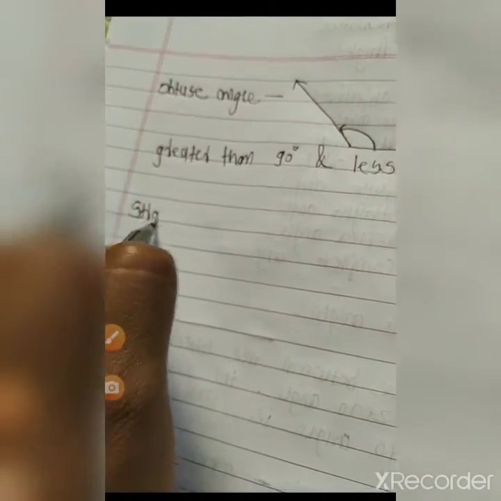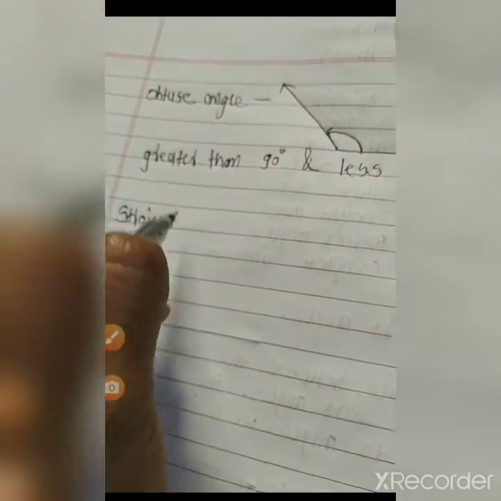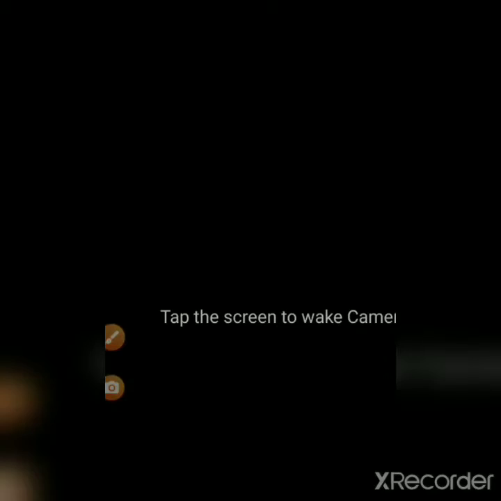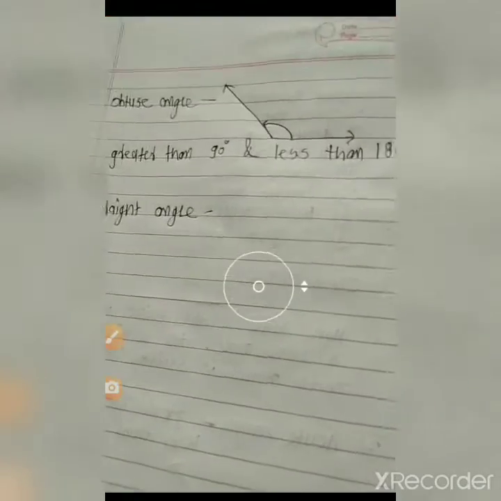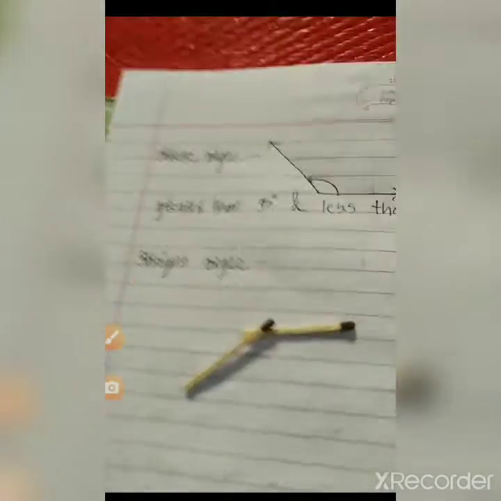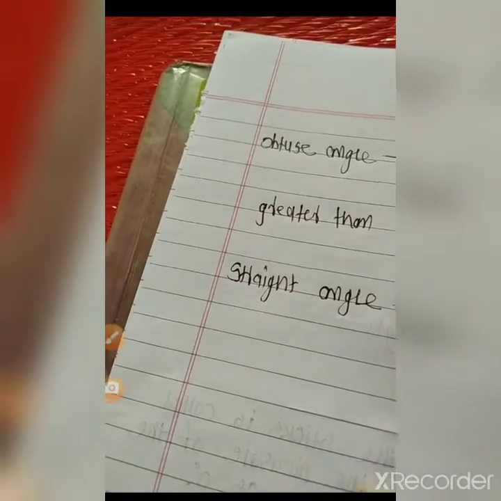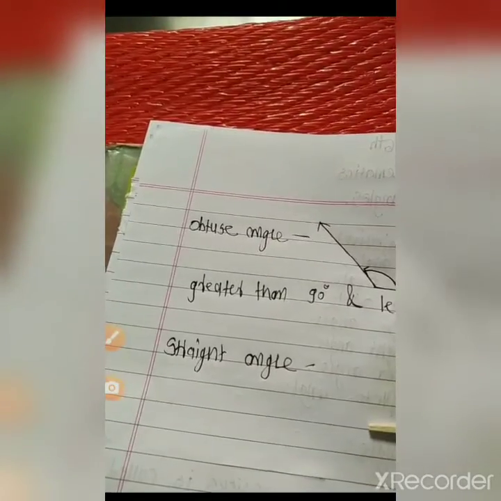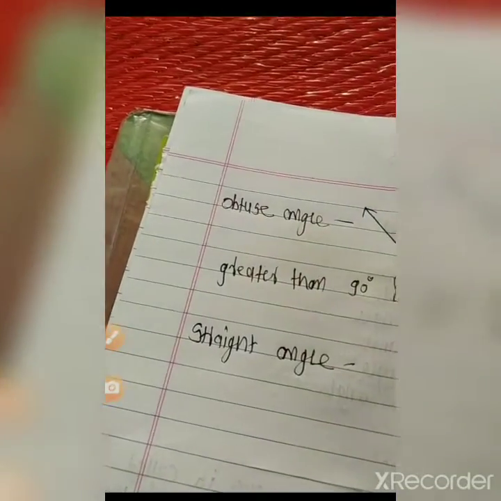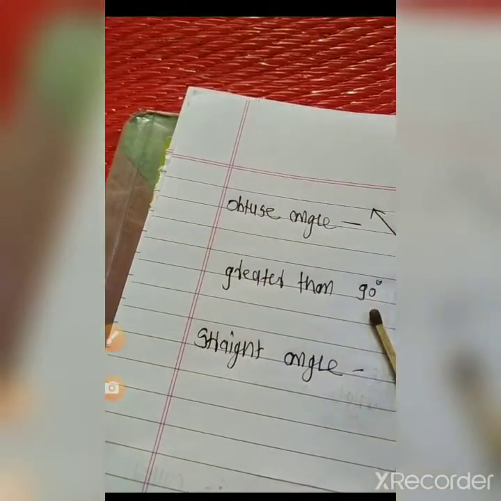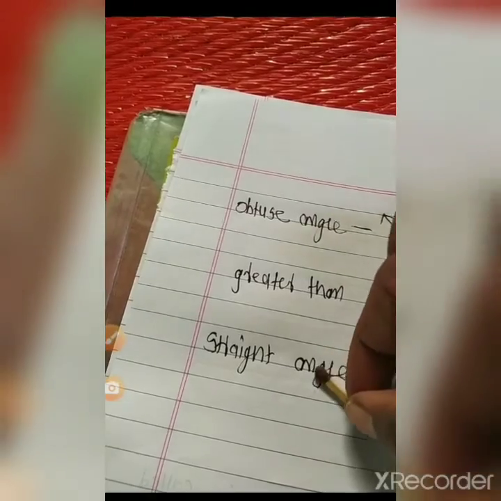Now next is the straight angle. Take two sticks. Place one like this, same as first, and next move this from this side to this side.